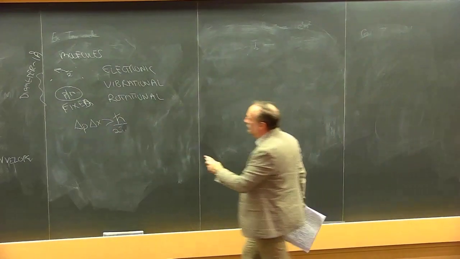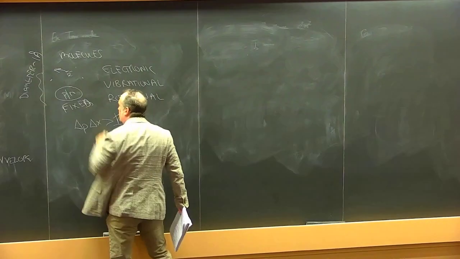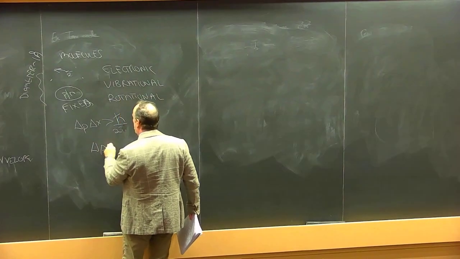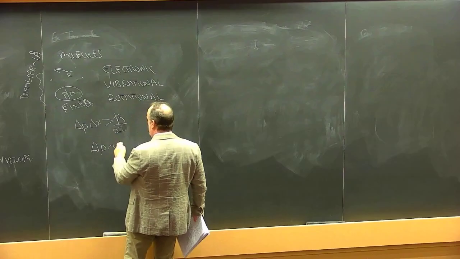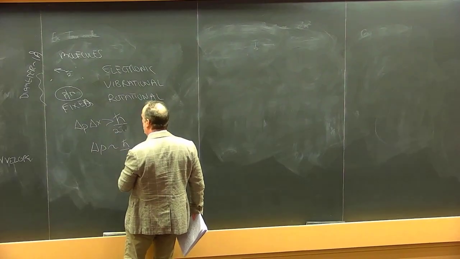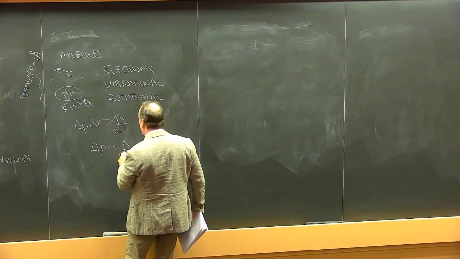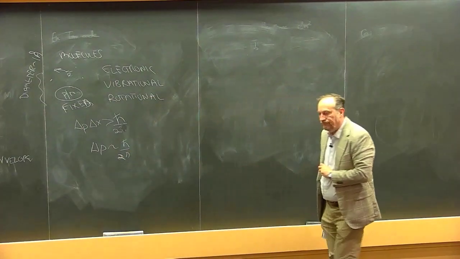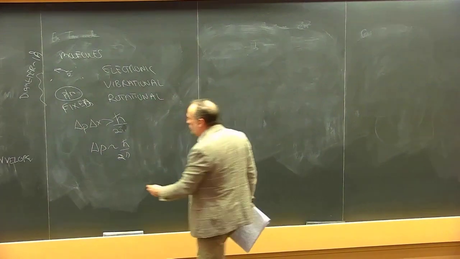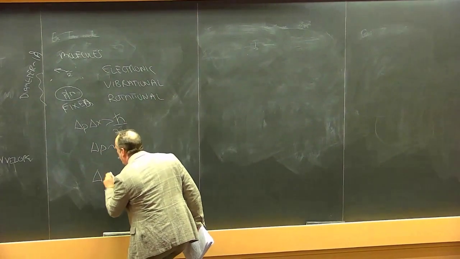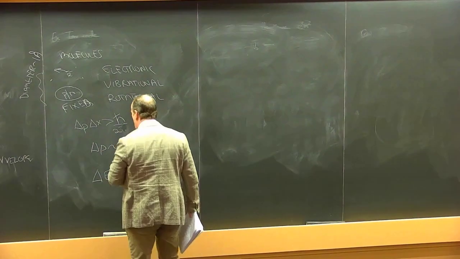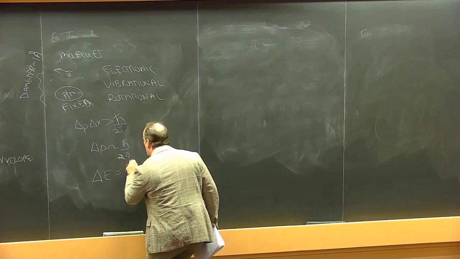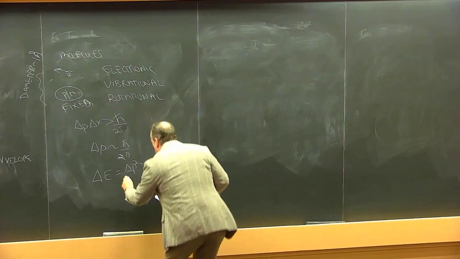So I know the size here, all right? So I can then say that my change in momentum is of order h bar over 2 times my diameter of the molecule. All right? And the energy of that change in momentum is delta p squared over 2m.